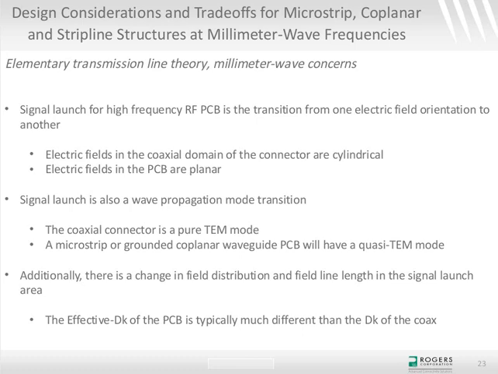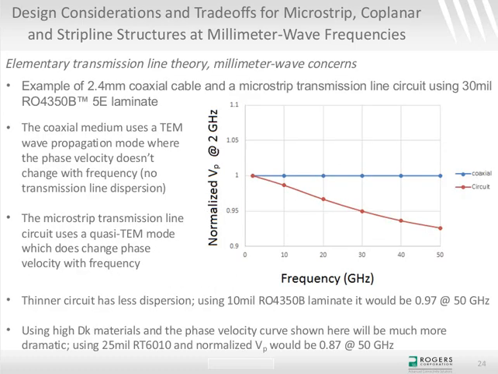And then also another is the wave propagation mode is a little different. So the coaxial is a pure TEM wave, usually. And then if you're going on to a microstrip, like our example is, that's going to be a quasi-TEM wave, and that means the phase velocity is actually going to vary with frequency. However, the pure TEM wave, the phase velocity is really not going to vary with frequency.